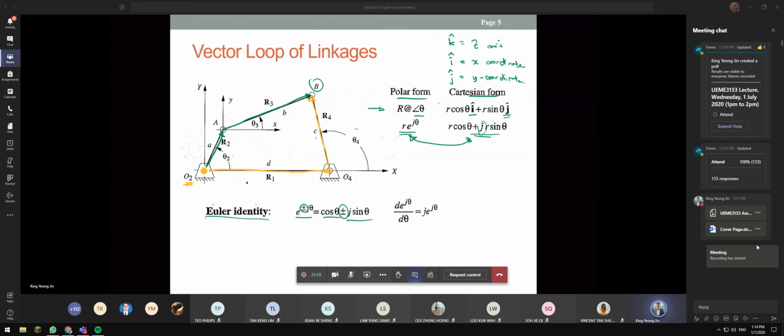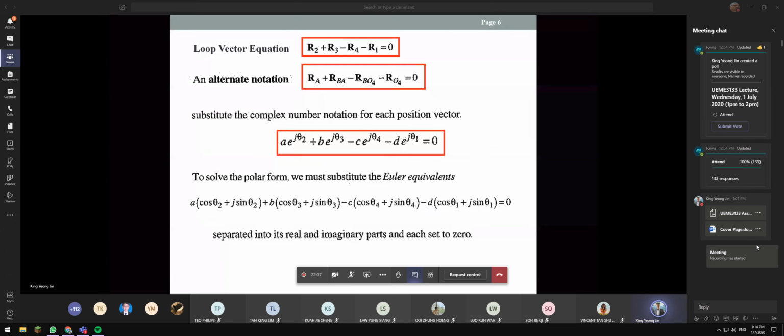That's why if you take the green path minus the yellow path, then it will be equal to 0. So this is where you get R2 plus R3 minus R4 minus R1 equal to 0. Or if you want to write it a different way, there are a lot of ways you can write it. So I can say R2 plus R3 is equal to R4 plus R1. So it's the same. Okay?